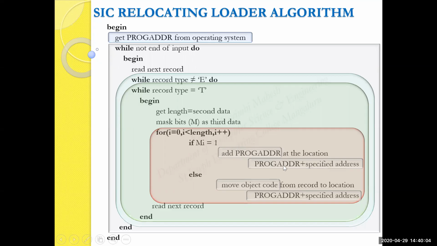Also the object code will be moved into the location that is specified in the text record plus the program address. So after all object codes have been moved, the next text record will be read, and if the record type is T, similar processing is done. And once all the records are processed, the relocating loader jumps to the program address and initiates the execution.